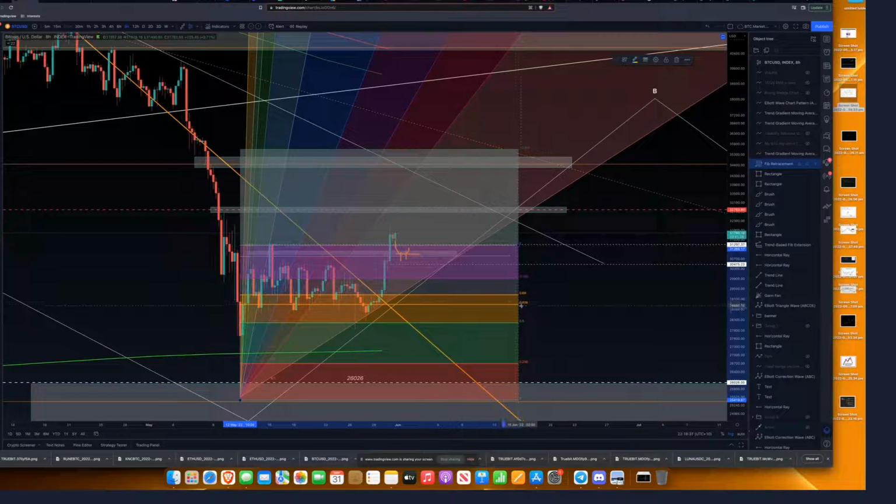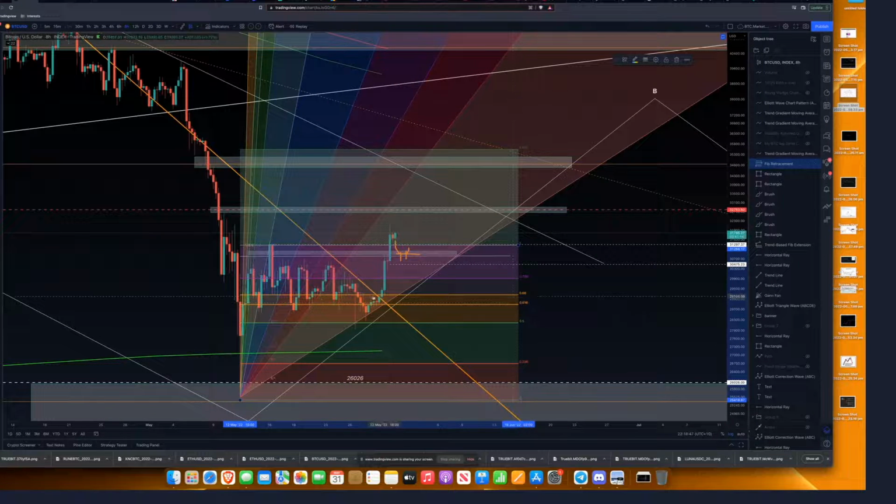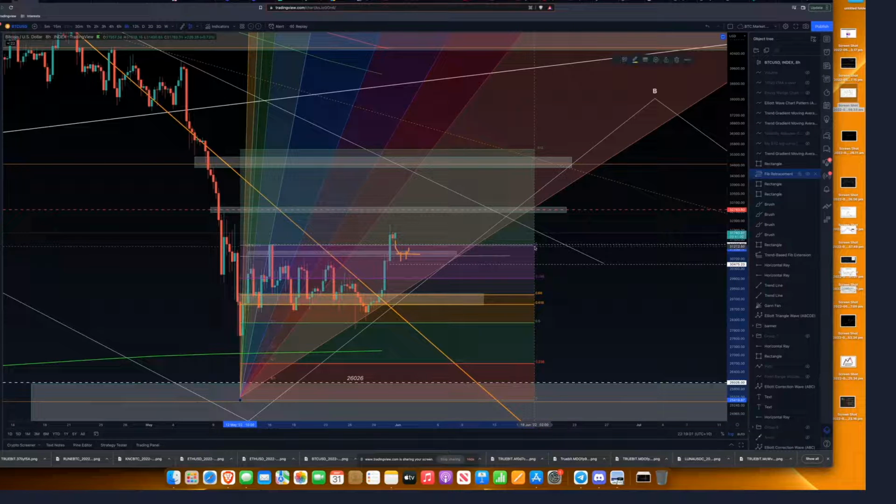If we do some smart work with Fibonacci, this is a method you can use as well. I'll make the 618 as support. I use a 667 and the 618 as support, the range, which tends to work, and this one equates to that level there.